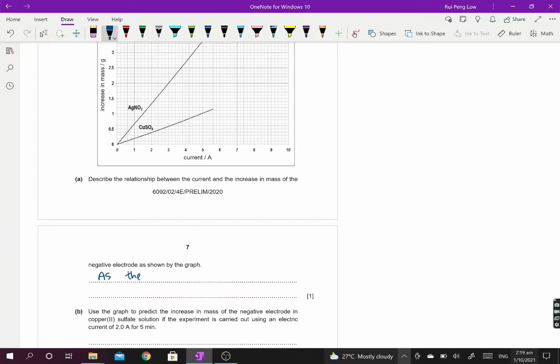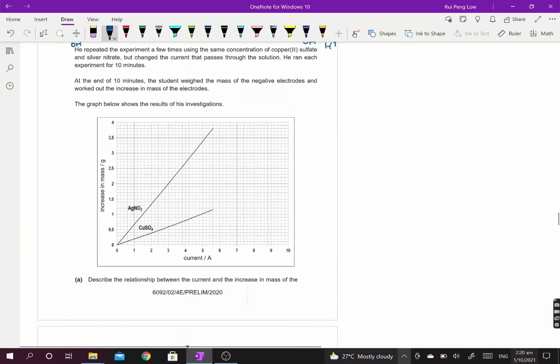as the current increases, the mass of the electrode increases. Just take a look.